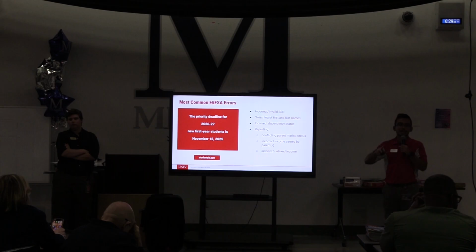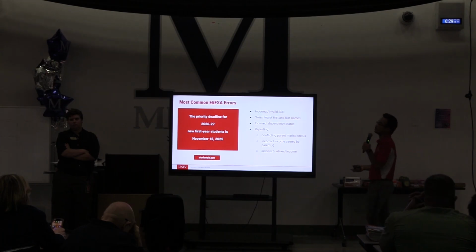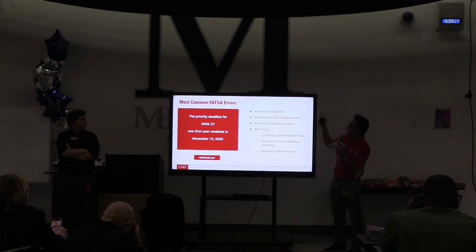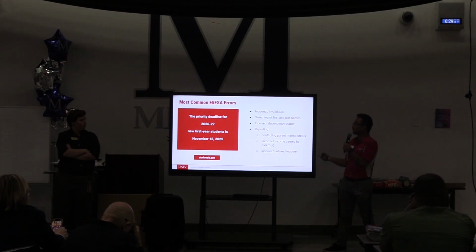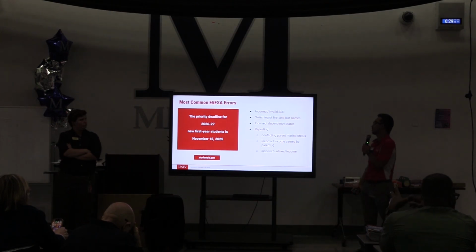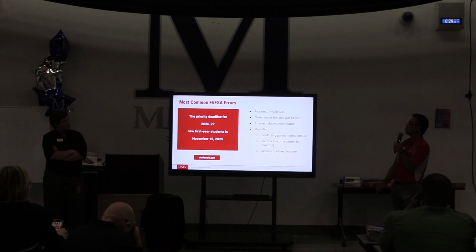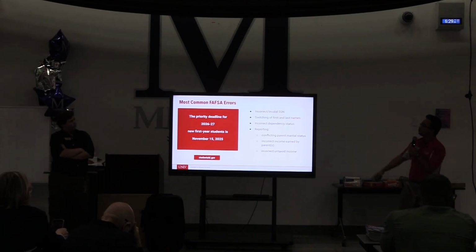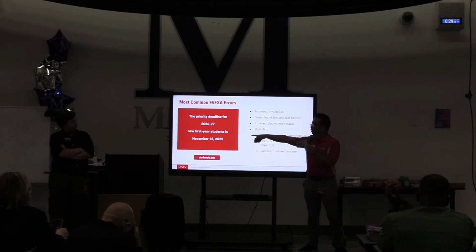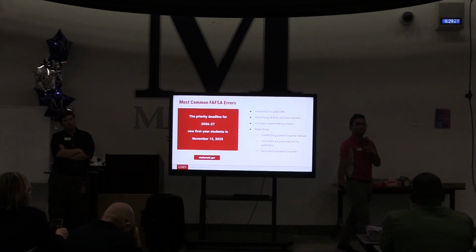We use your social to connect to FAFSA, so if it's wrong, we're not bringing it in. Other errors include misspelling first and last names, incorrect dependency statuses, or wrong parent information. Common mistakes, totally normal, easy to fix. Primary deadline, again, November 15th. We're doing it early, so that's good.